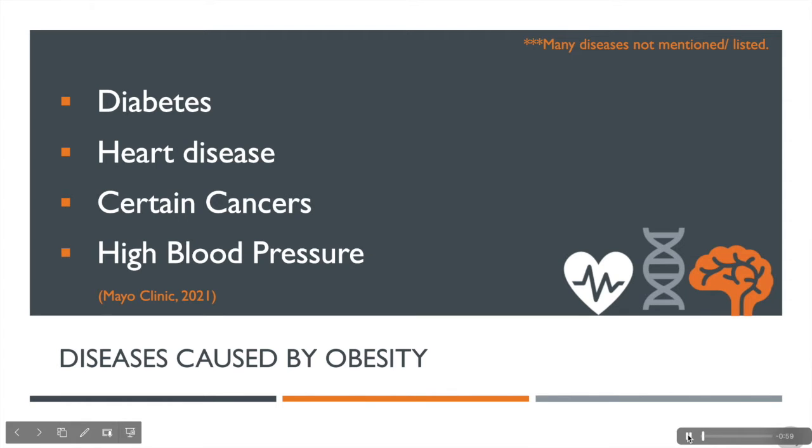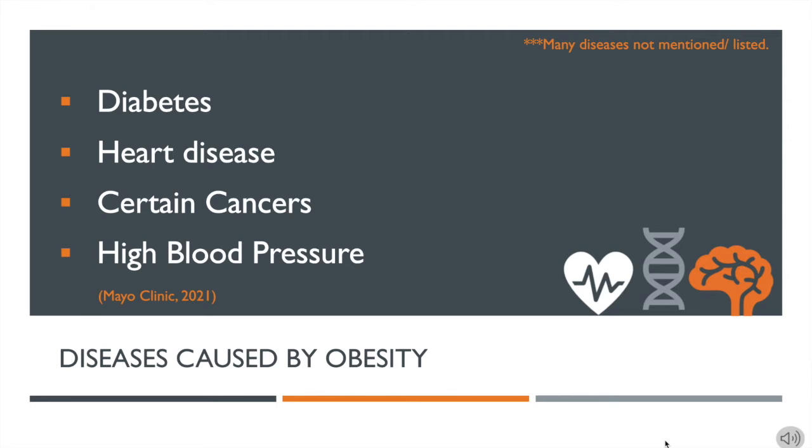Now to get into the diseases caused by obesity. If you remember, previously I mentioned the fact that obesity was defined as being a serious and chronic disease, and that comes into play through all of the different diseases and health concerns that are posed to those that are obese or severely overweight. Some of them including diabetes, heart disease, certain cancers, and high blood pressure.